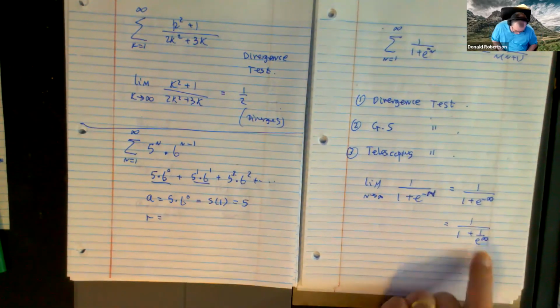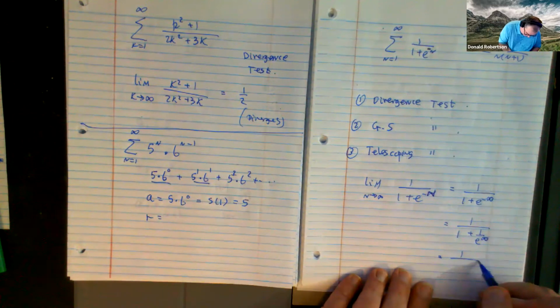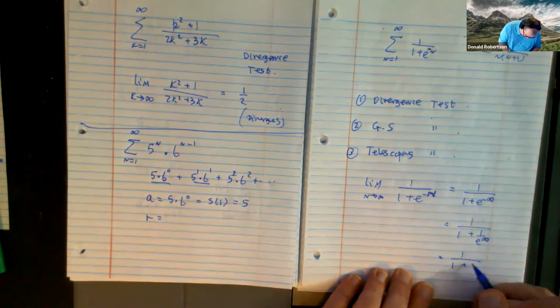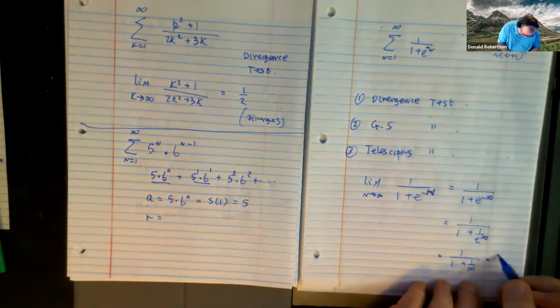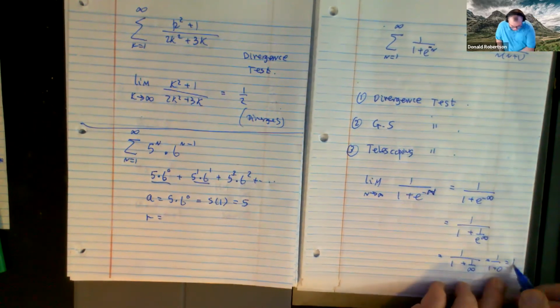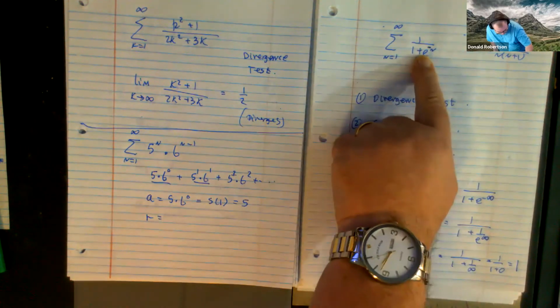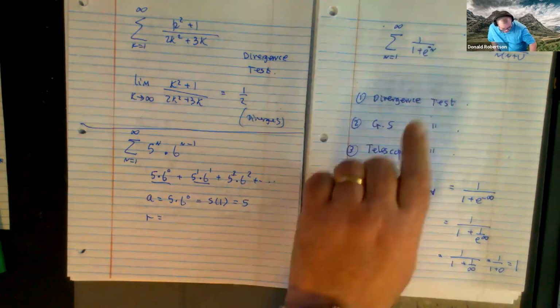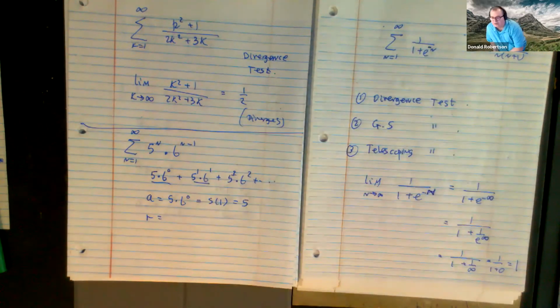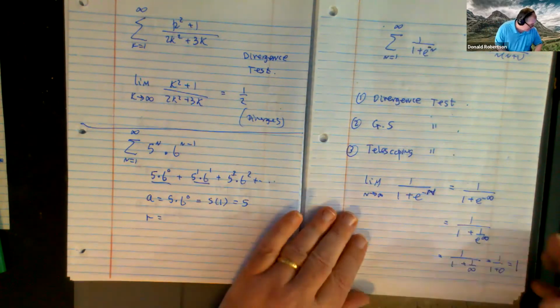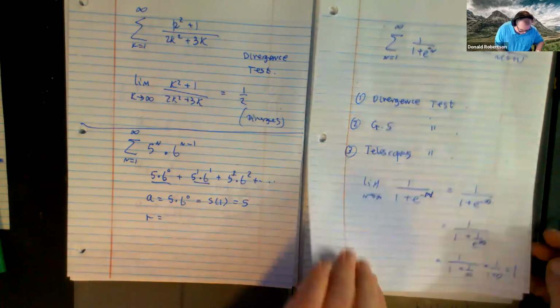Now, if I look at it in that way, isn't it now 1 over infinity? But 1 over infinity gets me 0, and bingo, it diverges, because isn't its limit a number that's not 0? Now, if I do get 0, right, if that ends up being a limit and its limit is 0, then the divergence test is inconclusive and I go looking for somebody else to help me out.